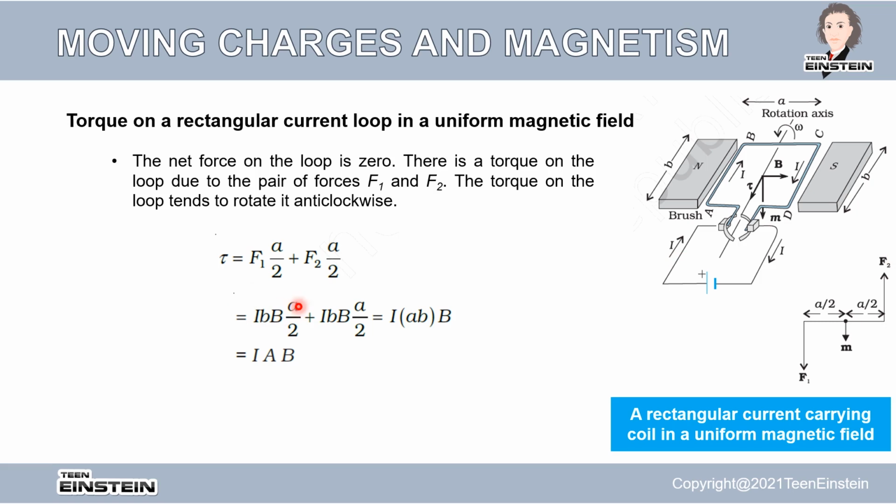If we take ab as common, we get I a b into B. ab is nothing but the area of the loop, since b is this side length and a is this length. So we get I A into B. So the torque on a current carrying loop when it is horizontal is given by the product of the current, the area of the loop, and the magnetic field.